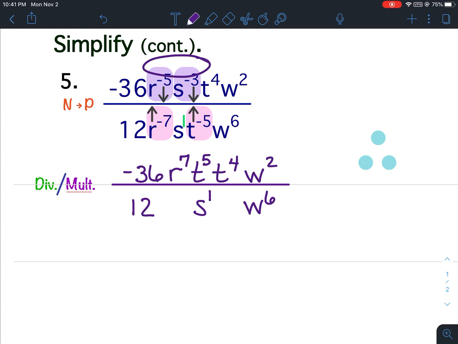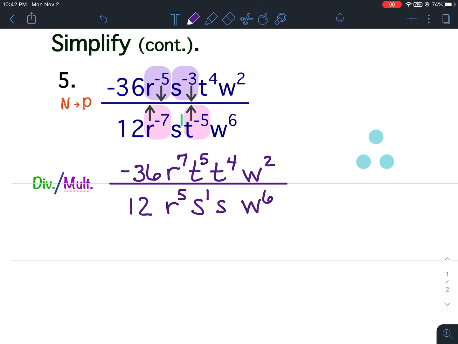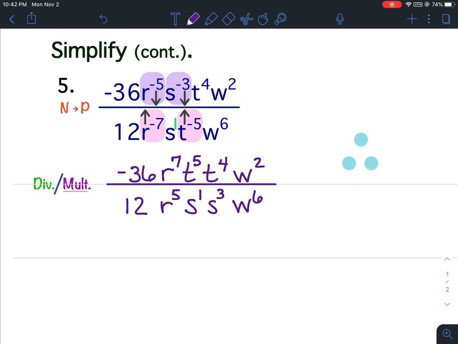But now looking at the top, I can finish my denominator because these two here moved to the denominator. So it'll be now an r to the 5th on the bottom and s to the 3rd on the bottom. Okay.